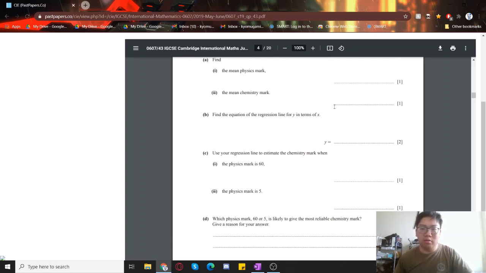All right, so regression line. Usually, if you have a graphical calculator like me, there would be a function that tells you how to do it. Let's see, where is it? Oh wait, no, it's the wrong one. Hold on.